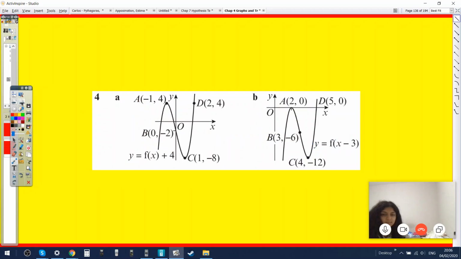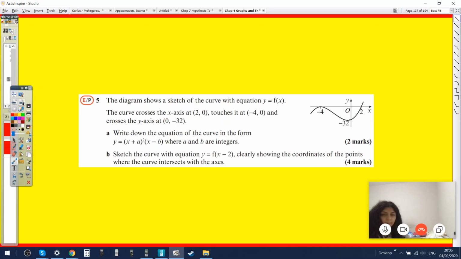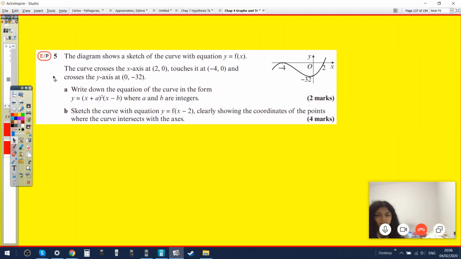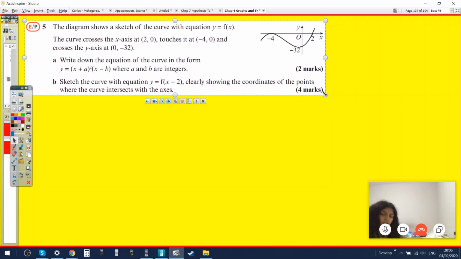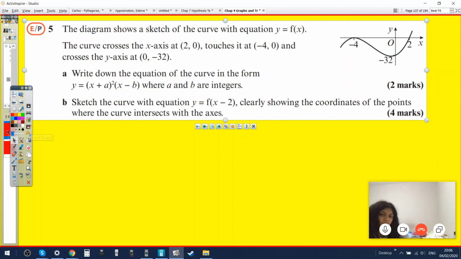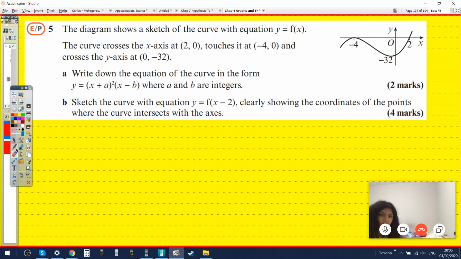That's going to be okay. Let me see this one. Write an equation of the curve. That's all right. What would you do for part B? Nope.